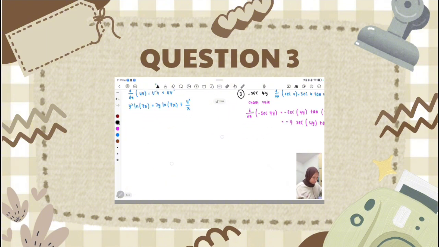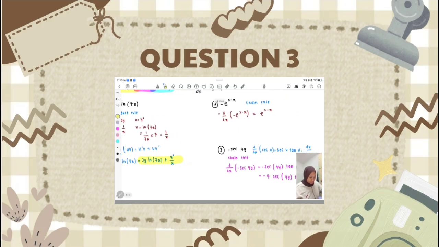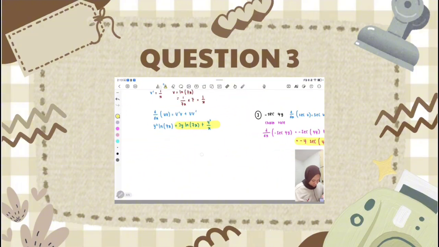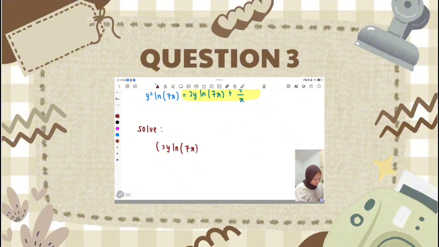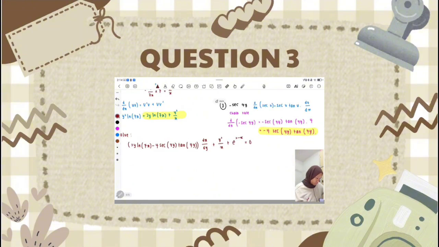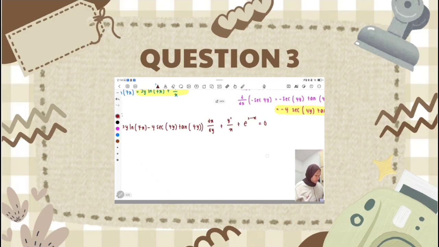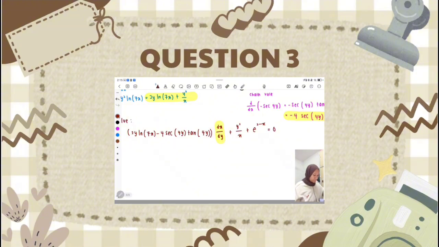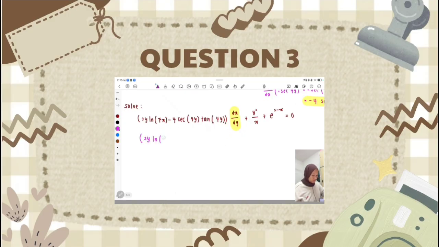So we will put each of the settled terms in order, and then we will solve them by letting dy dx be the subject.